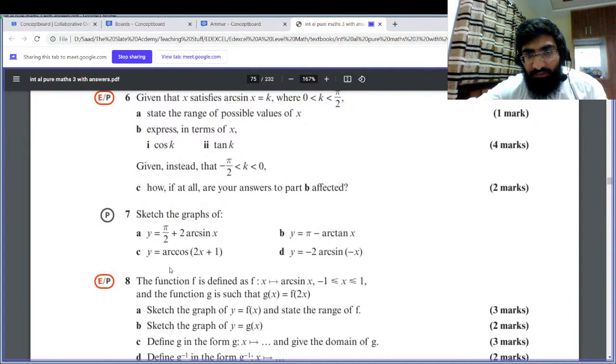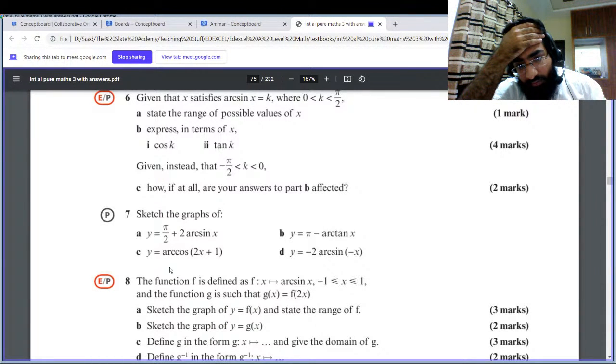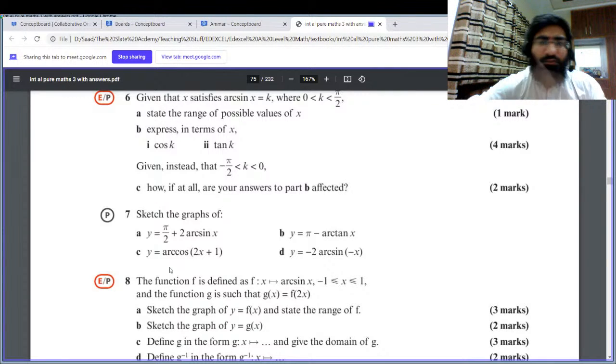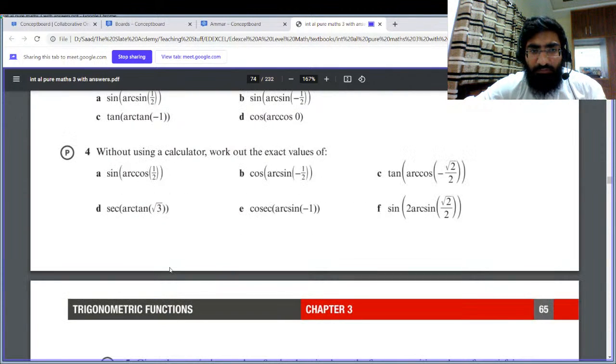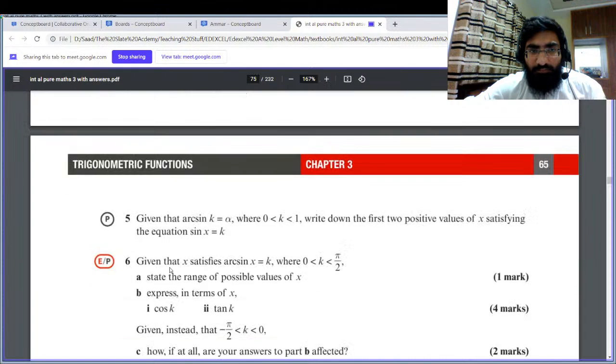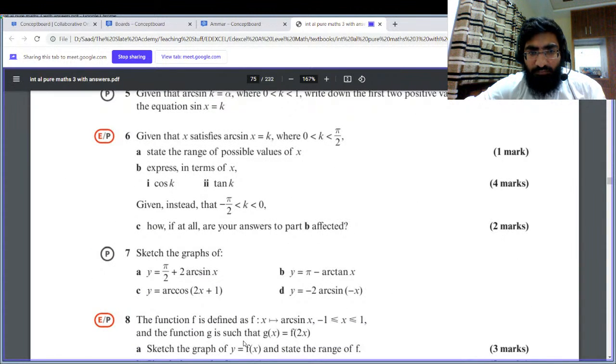Sketch the graphs. Sine inverse of minus x into minus 2. Have you done graphs of arc sine? Are you there? Oh yeah, I was muted.